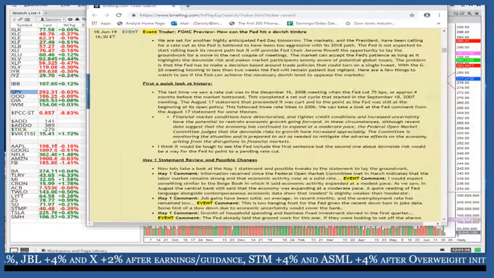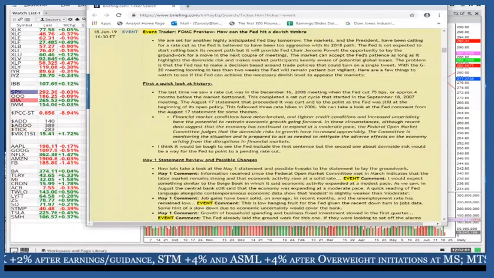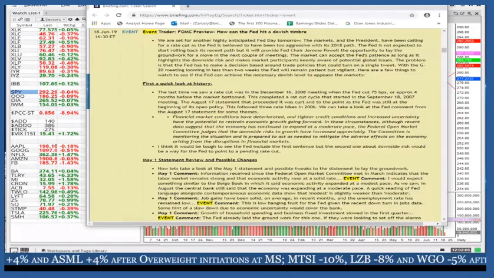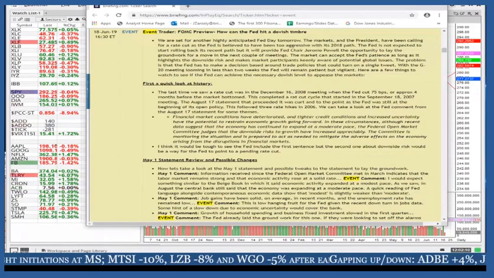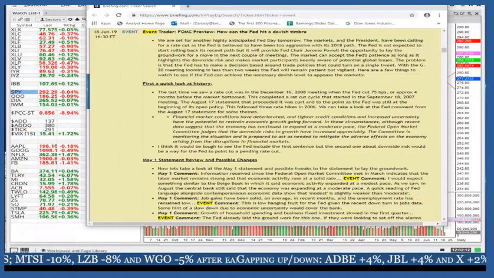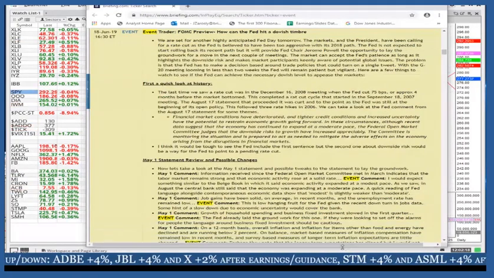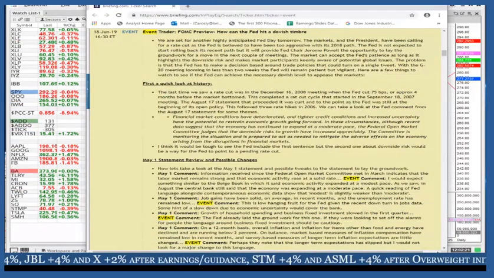Yeah, I think the base case scenario that most people are expecting is for Fed Chair Powell, and the Fed as a whole, not to make any moves on this, but to lay out the groundwork with some downside risk commentary, and I'll lay out some of the different ways that they could take a look at that. But I think the Fed doesn't need to move.